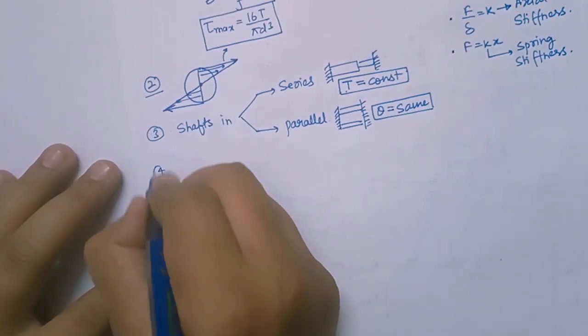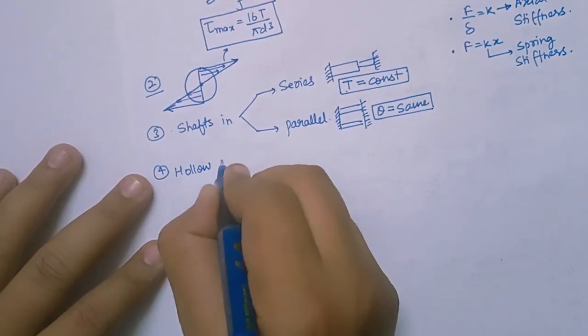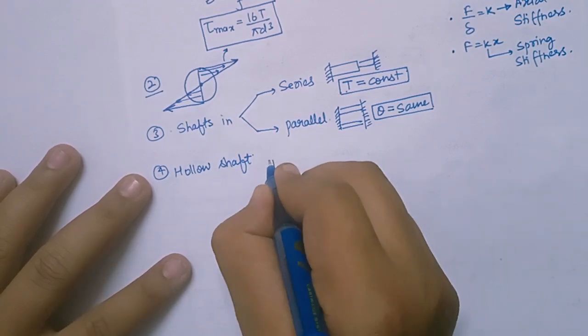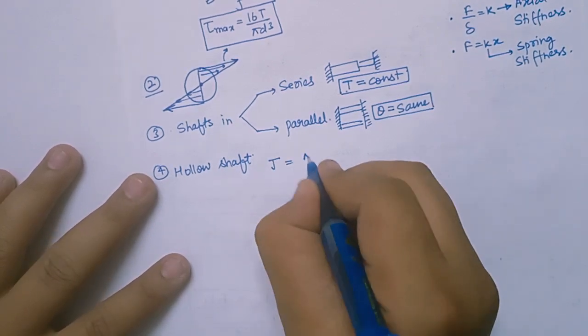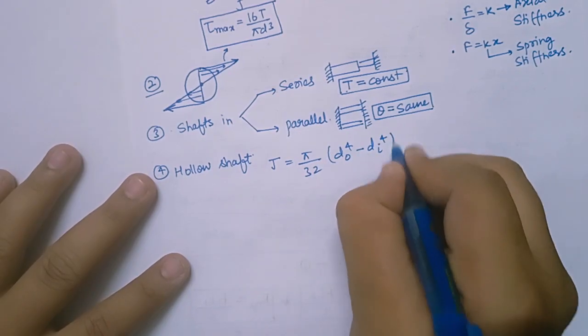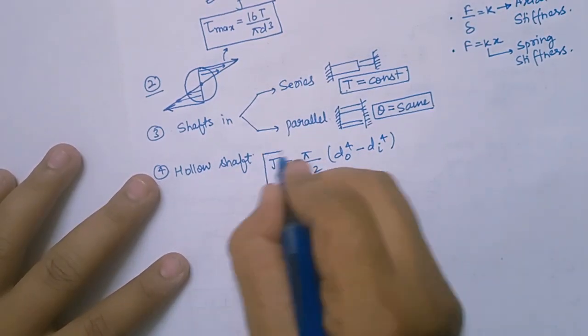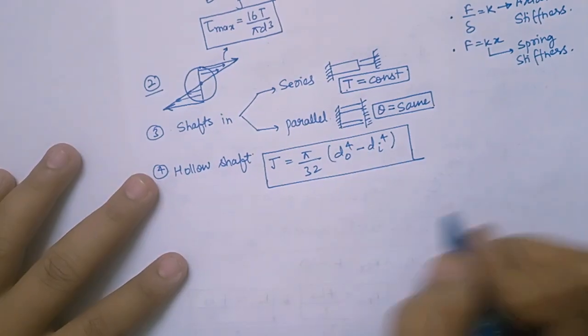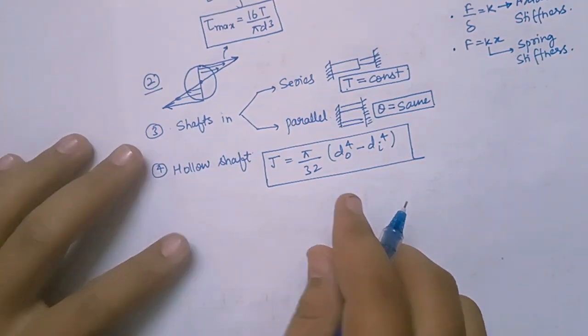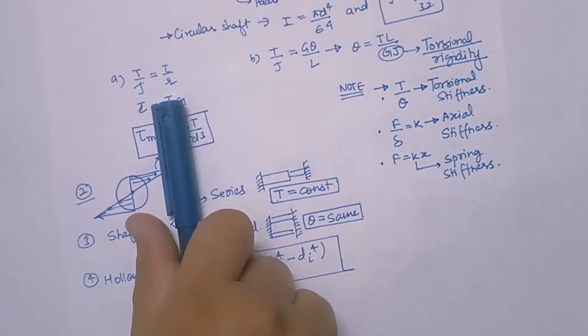Right? And if I talk about a hollow shaft. In a hollow shaft, what happens? If you want to calculate polar moment of inertia, it is very easy. Pi by 32 into d outer^4 minus d inner^4. I have just done a subtraction. So this is the polar moment of inertia of a hollow shaft. And one more thing, here I have written torsional stiffness.